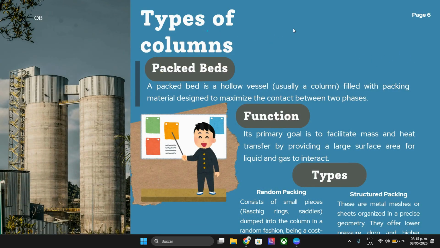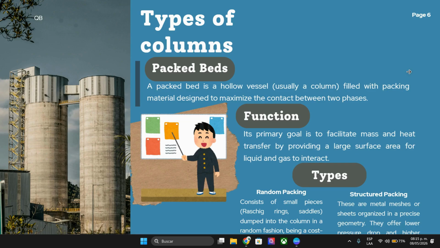The types of columns. There are many types of columns that are made specifically for the different types of products that we need. For example, the packed beds. The packed bed is a hollow vessel, usually a column, filled with packing material designed to maximize the contact between two phases.